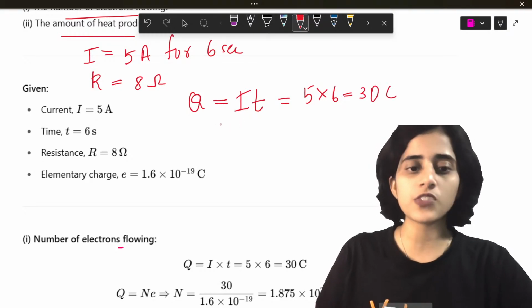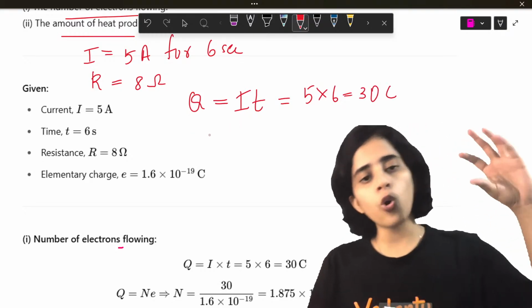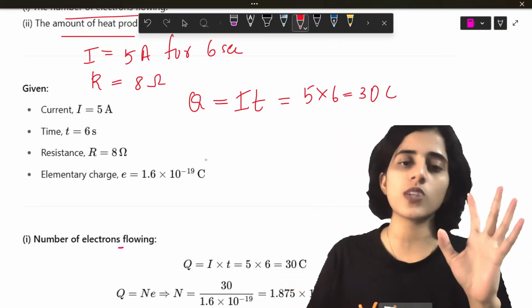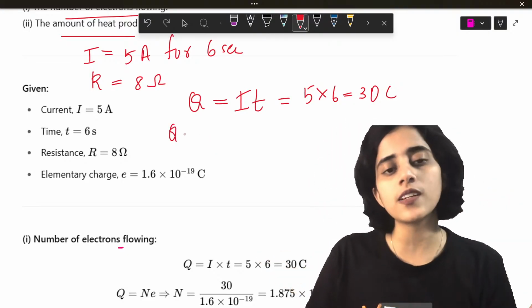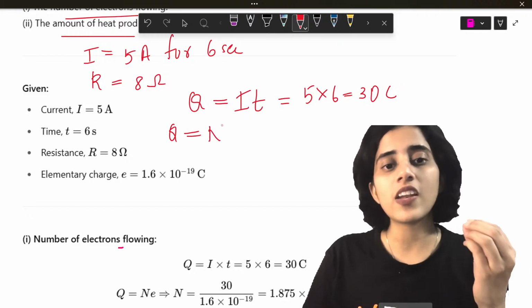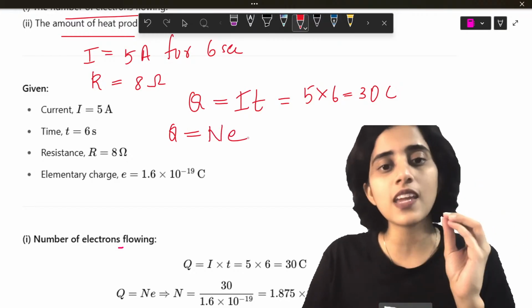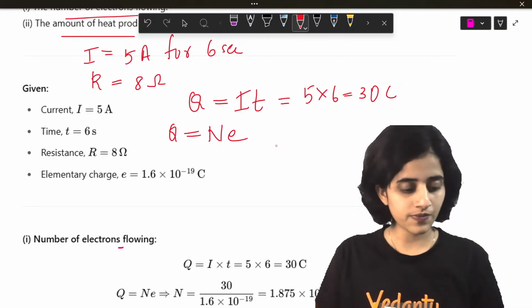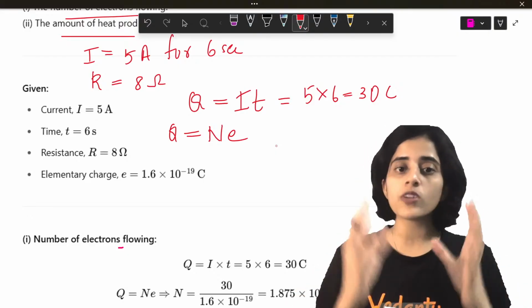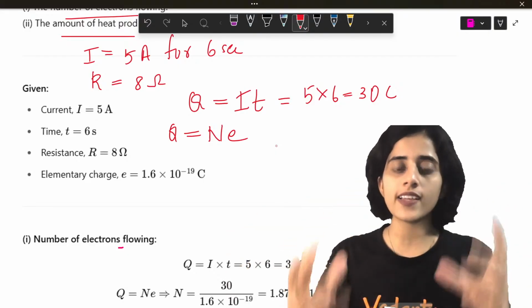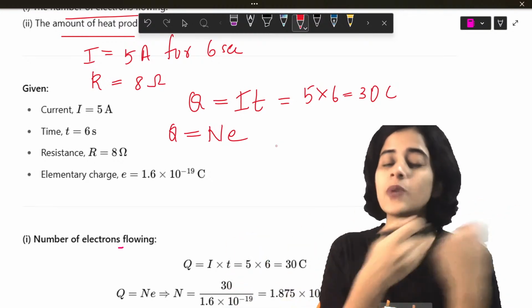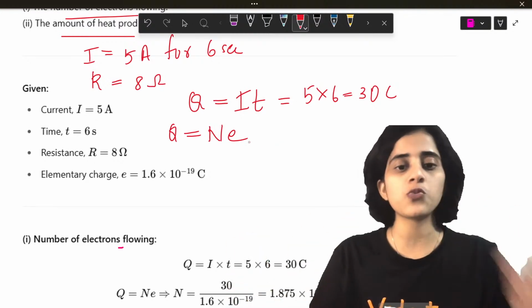So 30 coulombs is your charge. Now, the total charge is 30 coulombs. So what is this 30 coulombs? The total charge on the wire is the number of electrons passing through the wire, which is N, into the charge of one electron.